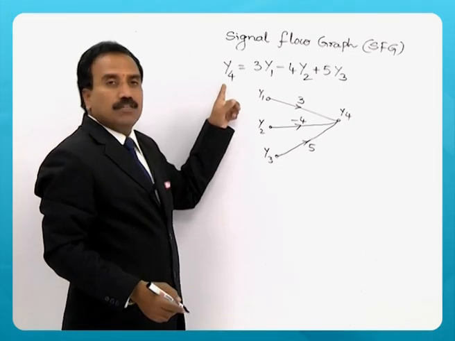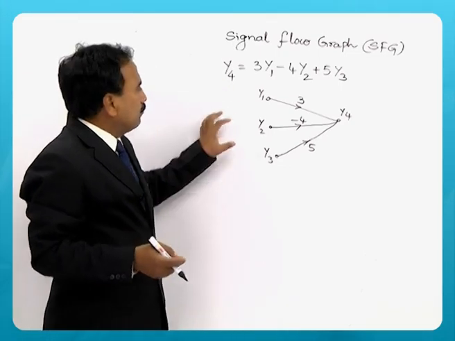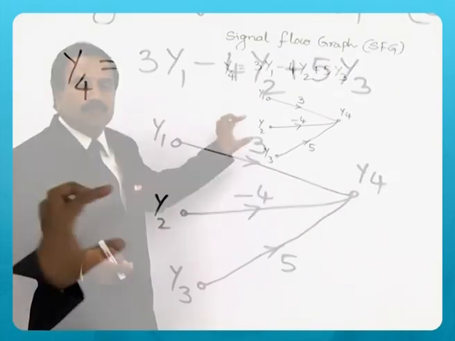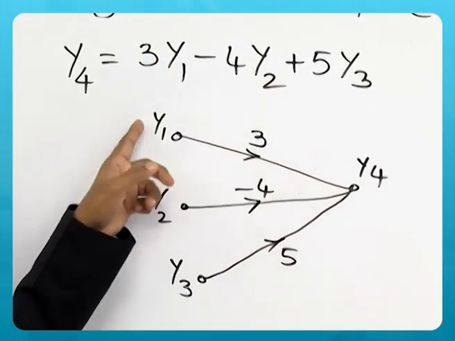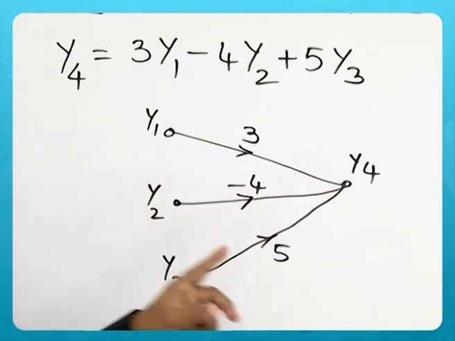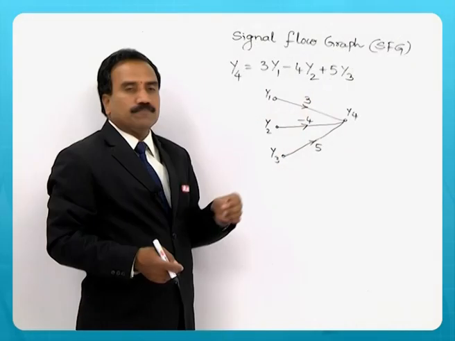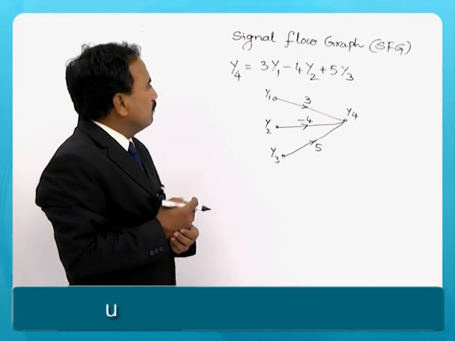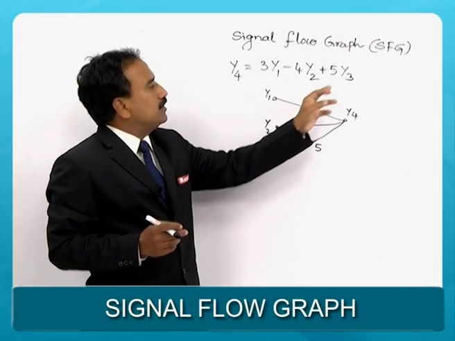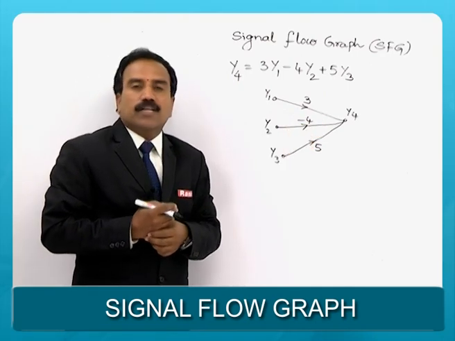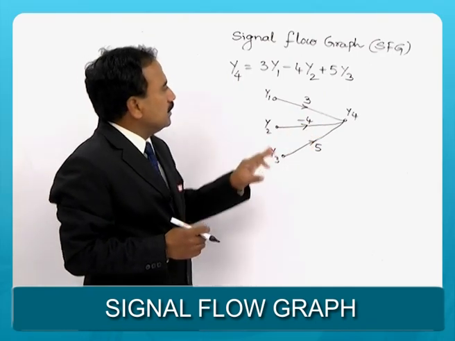So the same equation is described in the form of a signal flow graph. This way signal flow graph is very easy to understand, that what is given in the form of an equation can be represented by a graph. So it is a graphical representation.